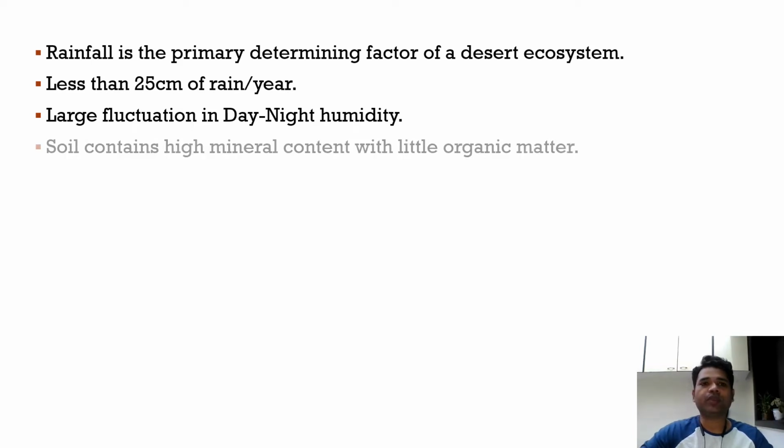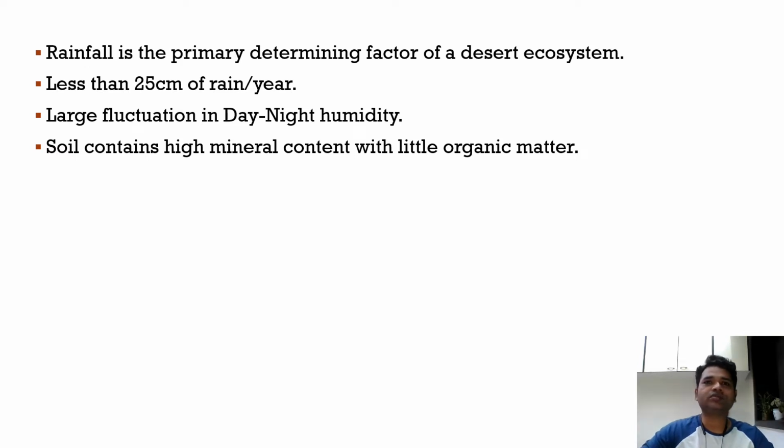The soil does not contain much moisture, but high minerals, high amounts of salt are present in the soil, and a little organic matter. As there is no vegetation, there is no deposition of organic matter, so there's less organic matter present in the soil, or we call it the sand.